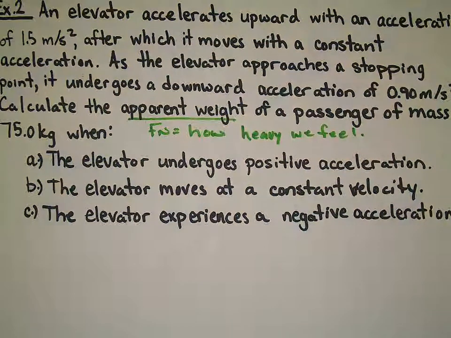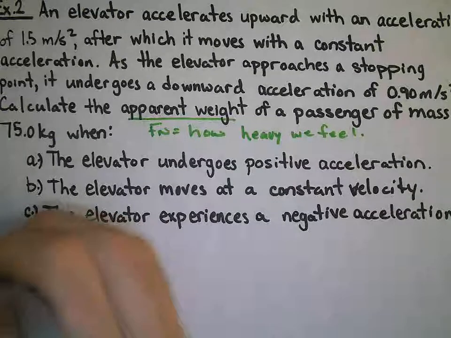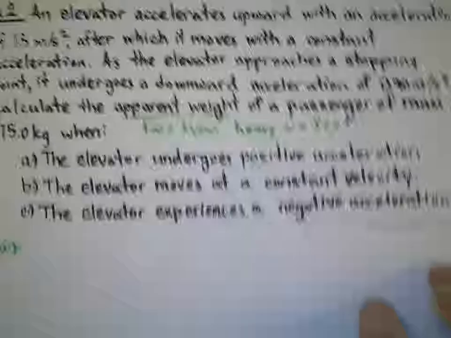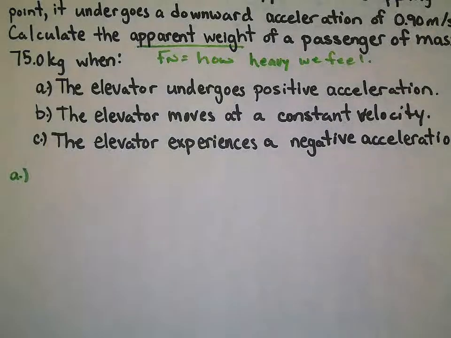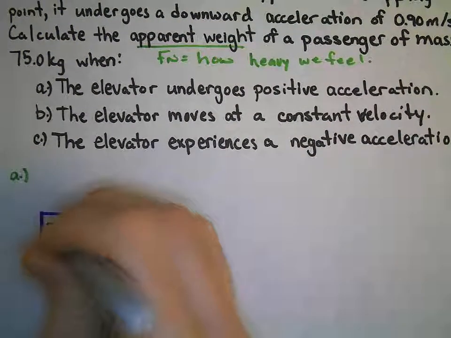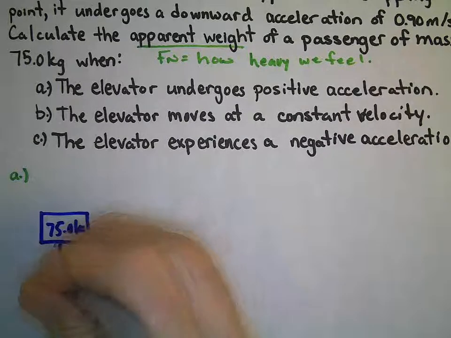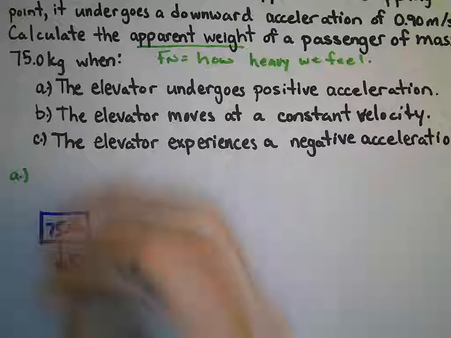Let's determine the apparent weight, Fn, when the elevator is going in the upwards direction. If I think about my free body diagram, we have that mass in our elevator at 75.0 kilograms. Upward acceleration means that my force of gravity is going to be less than my normal force.